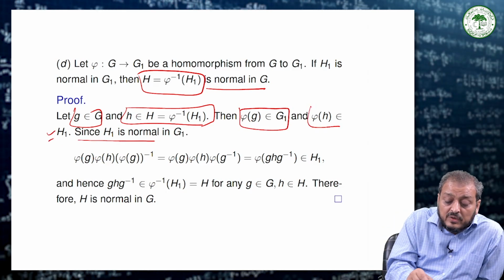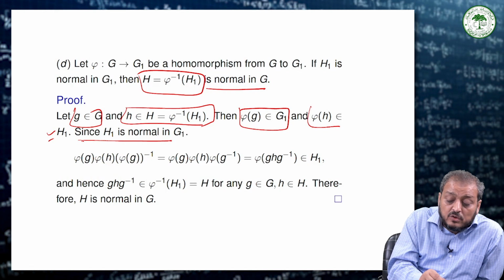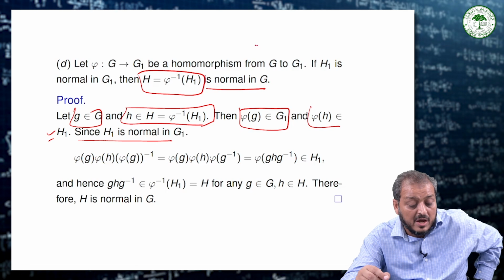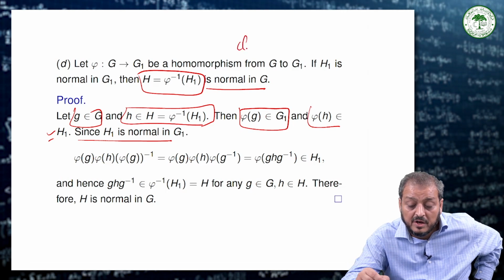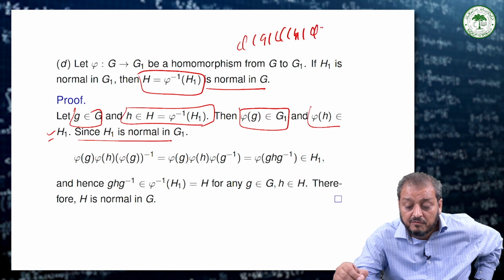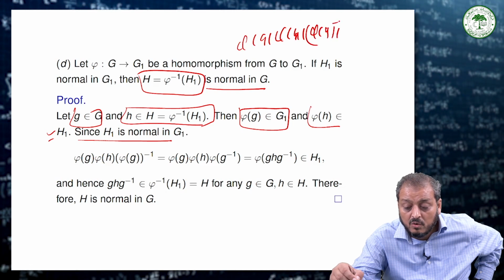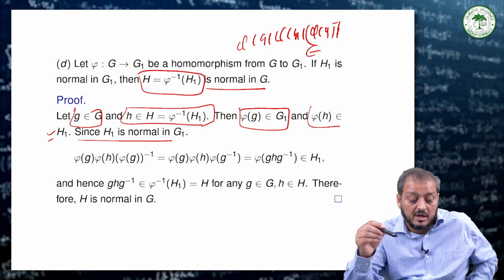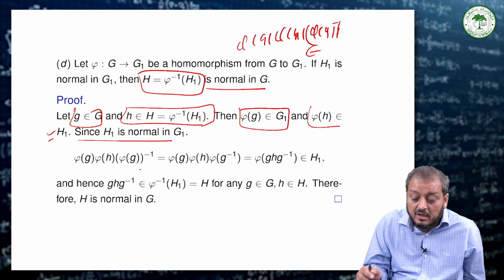And since H1 is normal in G1, we have phi of g, phi of h, and phi of g whole inverse, which is an element of H1.